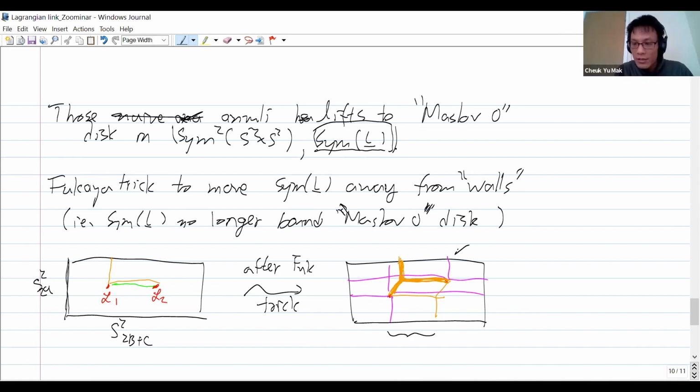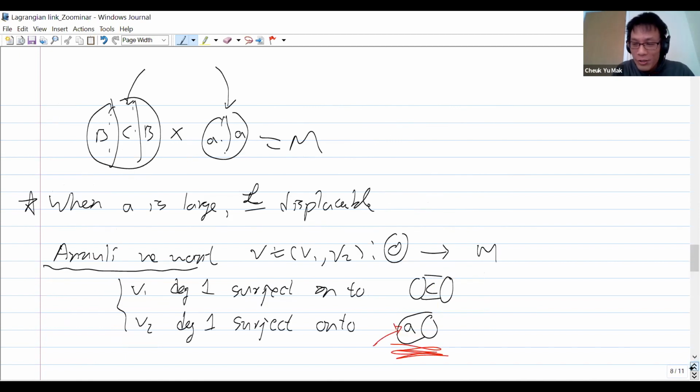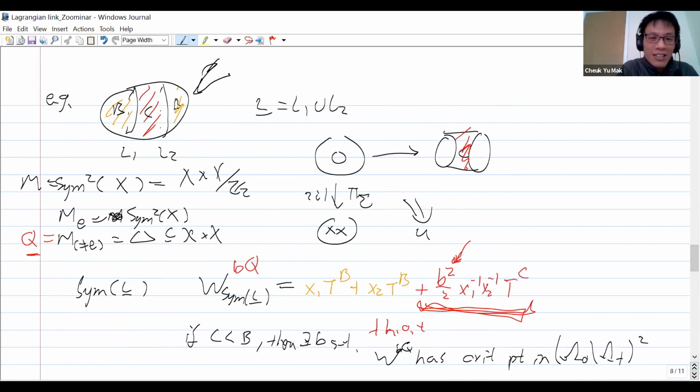Do you mean for the two-dimensional result? Oh, I see. For this one, we don't need to. This is actually not useless. This is actually useful. This guy actually has the correct Maslov index. It will lift to a Maslov 2 disk.